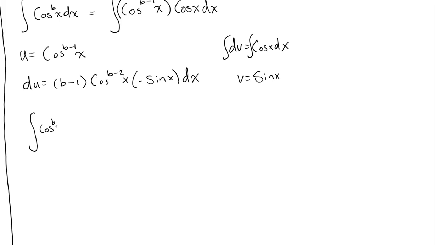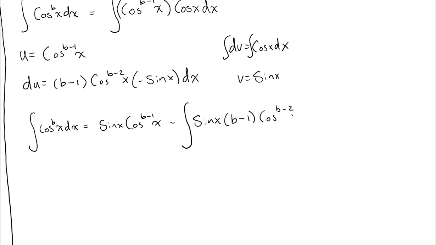And now we can rewrite our original integral. So cosine to the power of b of x dx is equal to u times v, which is sine of x cosine to the b minus 1 of x, minus the integral of v du, which is sine of x, times du here is b minus 1 cosine to the b minus 2 of x times minus sine of x dx.